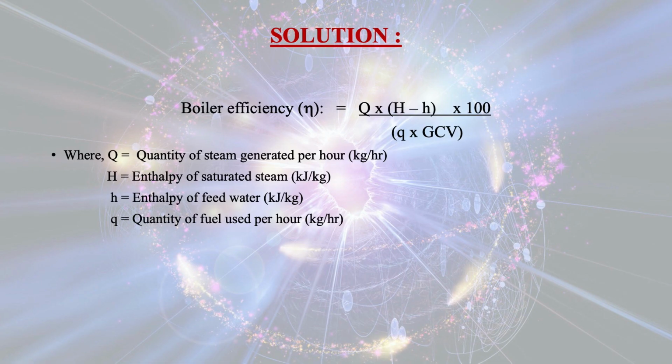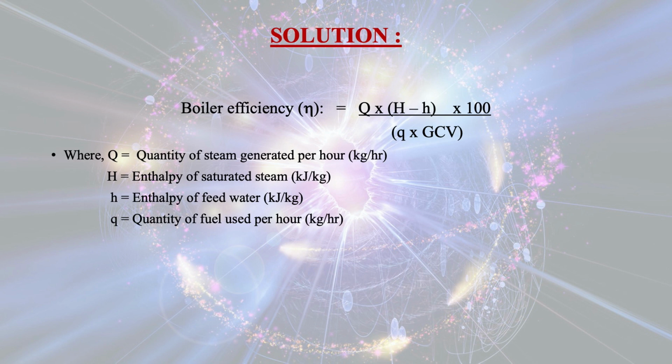Boiler efficiency is given by capital Q multiplied by (capital H minus small h) multiplied by 100, divided by small q into GCV. The numerator is obviously the output and the denominator is the input.